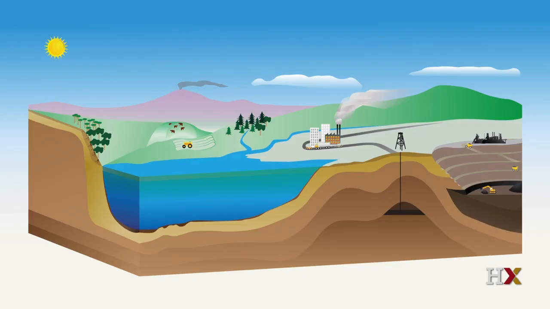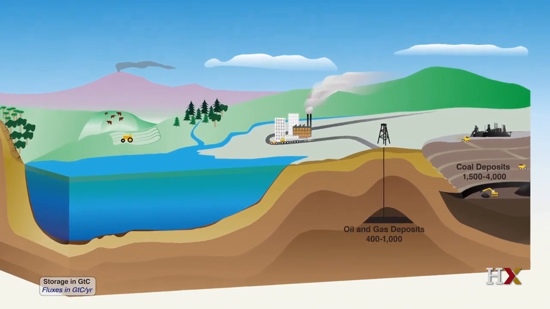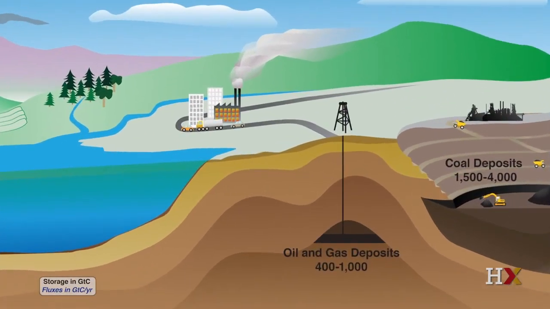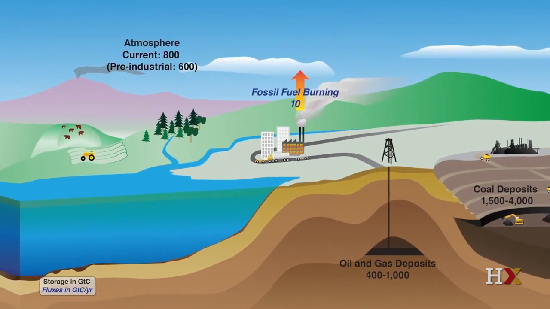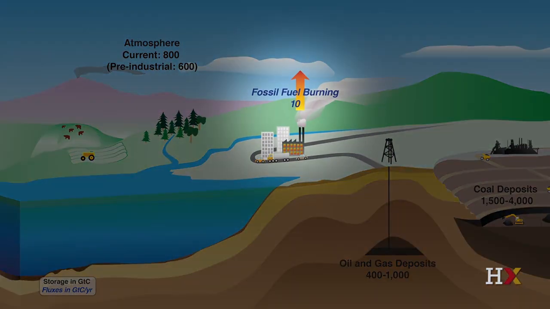What we've done in the Industrial Revolution is take these fossil deposits, this photosynthetic energy that's been trapped in the earth for, in many cases, hundreds of millions of years, and we've combusted it, liberating it, putting it in the atmosphere very, very quickly. So, current emissions are getting very close to about 10 billion tons of carbon per year.